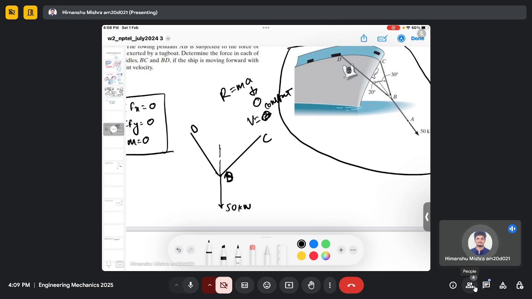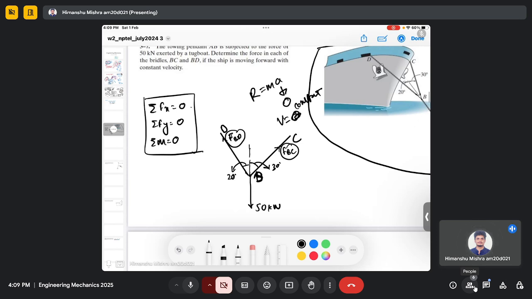And this is at the angle 20 and this is at 30. And these are the two unknown forces that we need to calculate. So let's use these equations one by one and let's see what we get.